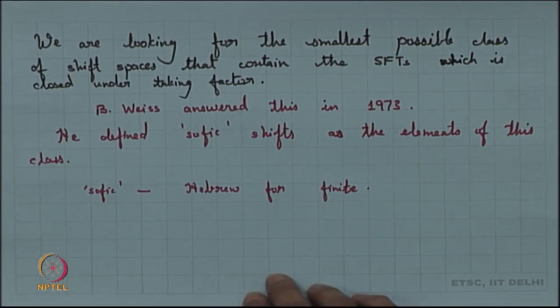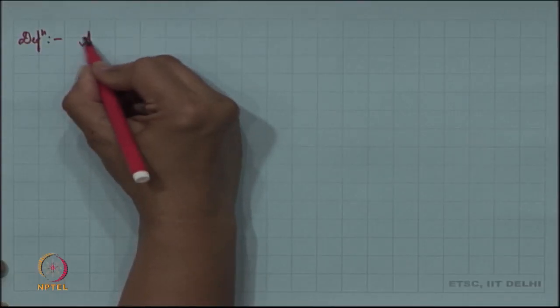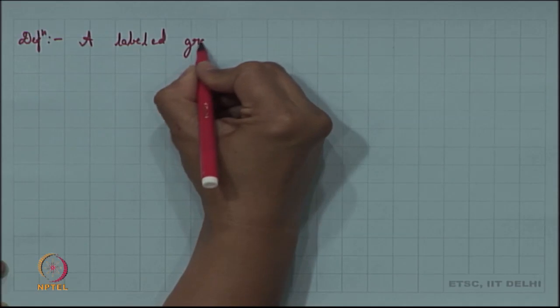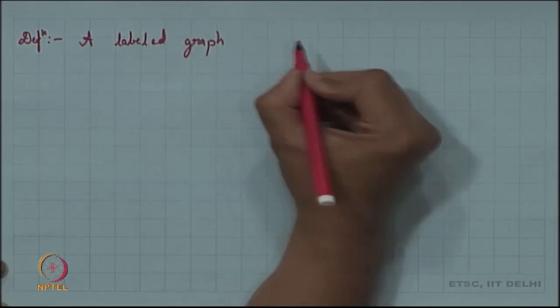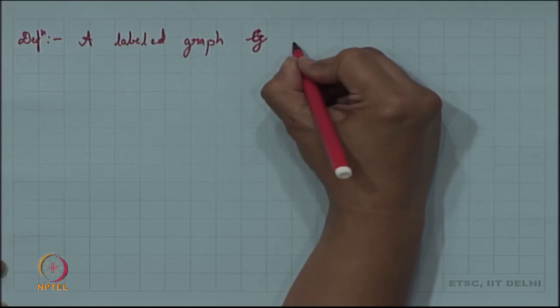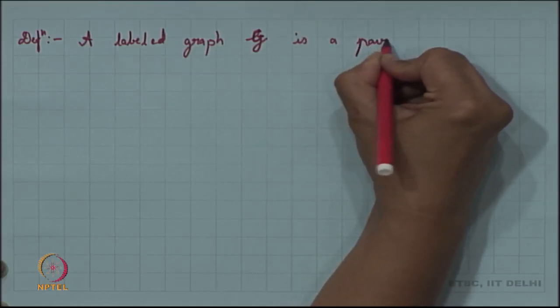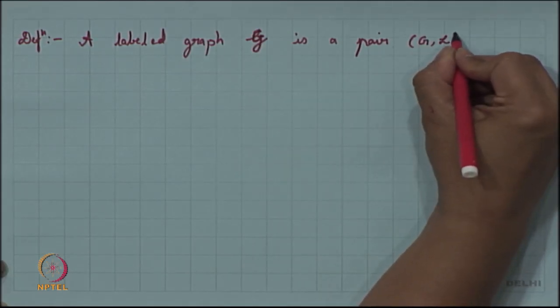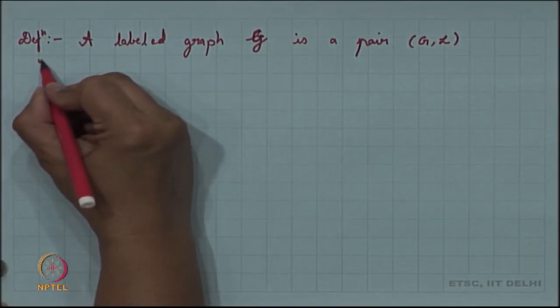So, let us try to look into the definition here. So, we start with the definition. A labeled graph, let me call it script G, is a pair. I have a graph here and I have a function here which I call the labeling, with G to be a graph.